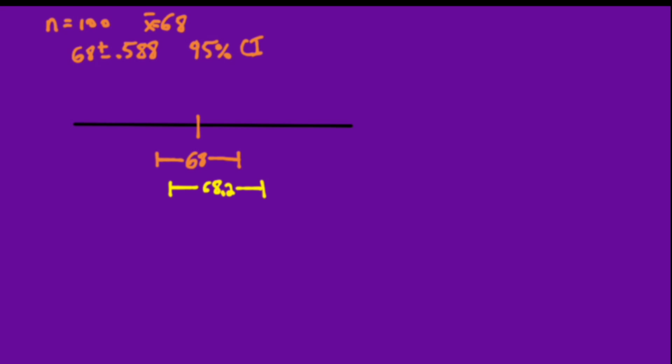In fact, in this case, because we're relying upon, if we still did a sample of 100, we're using the same population standard deviation. The confidence interval is going to be the same 0.588. It's just going to have a different x bar. This will change slightly when we deal with not knowing the population standard deviation, but in this case we do know it, and so it's going to be actually the same plus or minus.